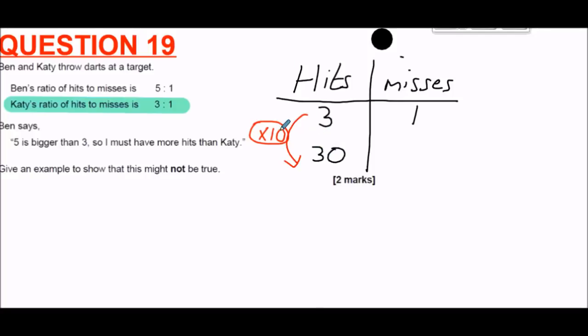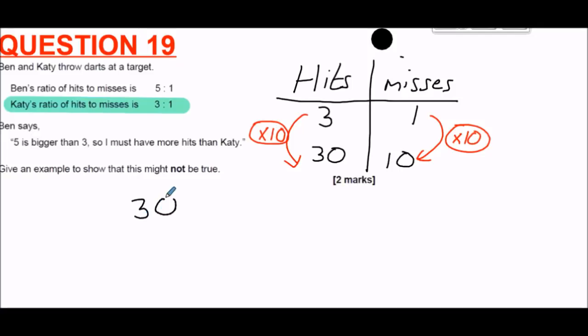But if we multiply this side by 10, to keep the balance we'd need to do the same to the other side. And so 1 multiplied by 10 would be 10. And so she might have had 30 hits and 10 misses.